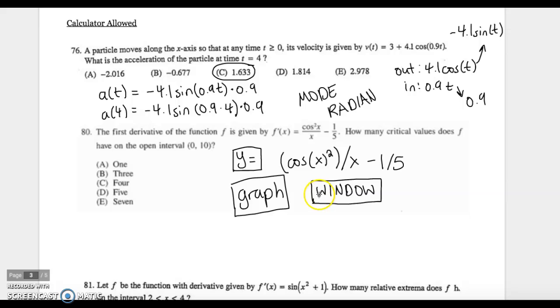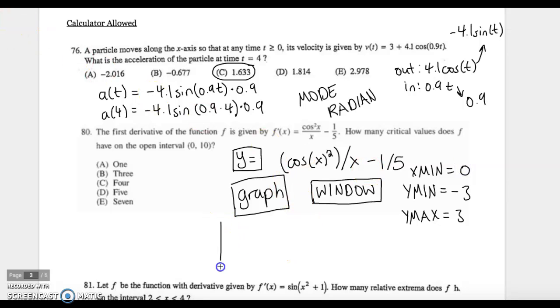And then I'm going to change my y min to, oh, not 0, excuse me, like negative 3. My y max I'm going to change to 3, and then my x min, that's what I was going to change originally, I'm going to change to 0.